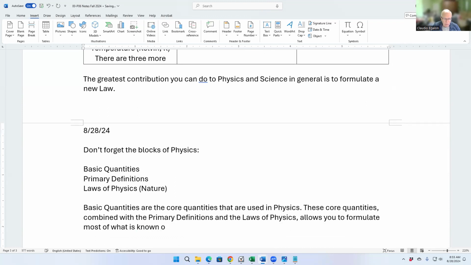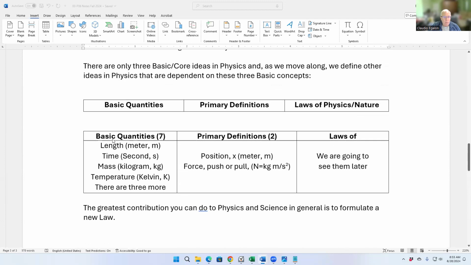Most of what is known in physics. And I will keep on emphasizing that, not just during this course, throughout the semester, but also during Physics 7 as well. And I'm going to repeat that here.